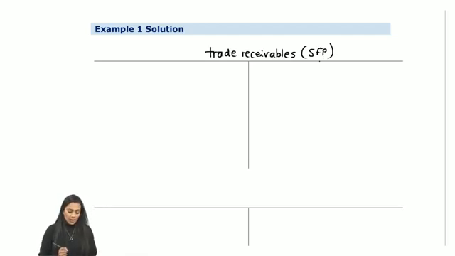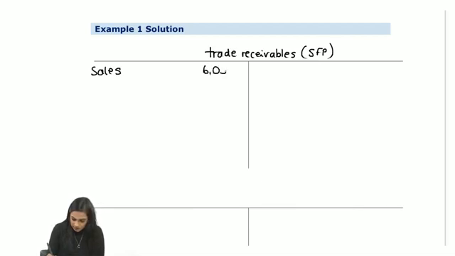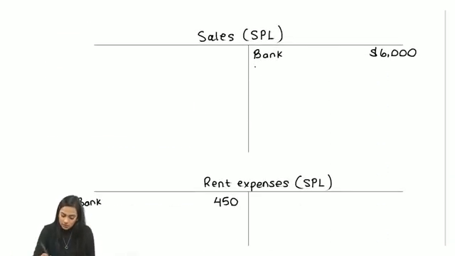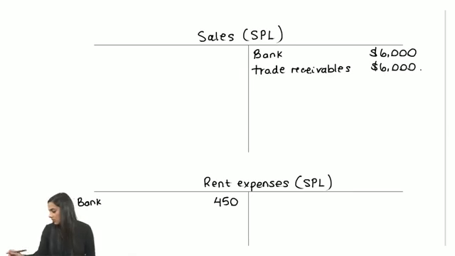Okay, so on the debit side, you have sales, $6,000, but on the credit side of sales, you write trade receivables, $6,000. There you go. Okay, so just checking my calculator.